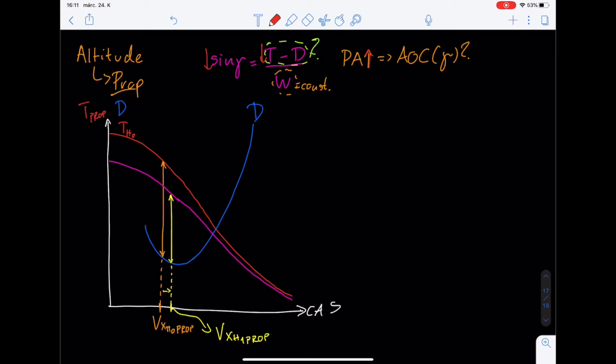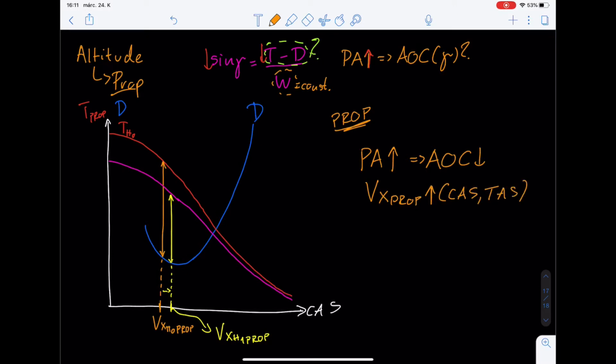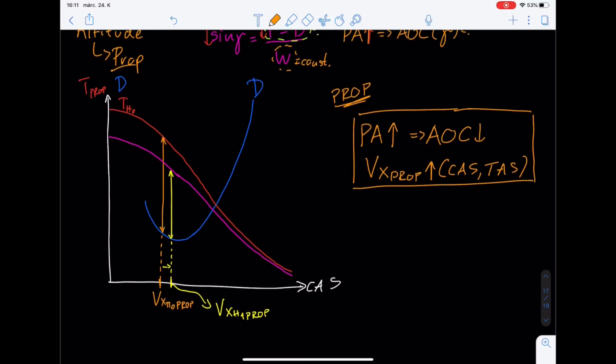So we can say that for the propeller one, with the pressure altitude increasing, the angle of climb is going to reduce, and the Vx prop is going to increase, both with regards to the calibrated airspeed as much as the true airspeed. So in this case it's true for both, because for the true airspeed this would also mean an increase.